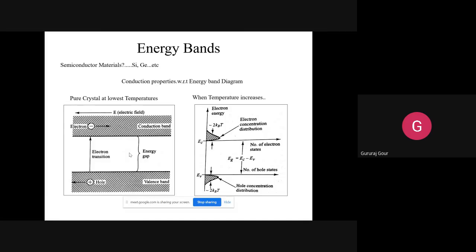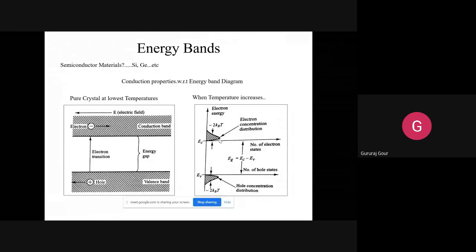So the concentration of the electrons in both valence and conduction depends on the temperature. So it is directly proportional. If the temperature increases, this peak which you are observing goes on rising with the rising temperature. If the temperature decreases, this curve will become flat, with less concentration of electrons.